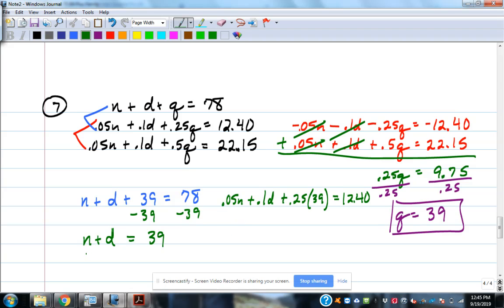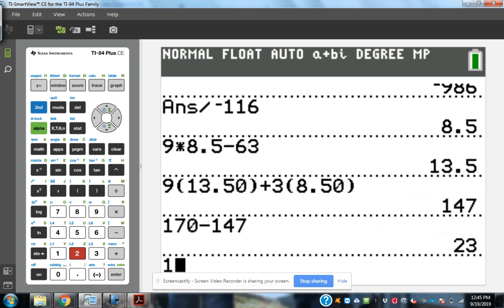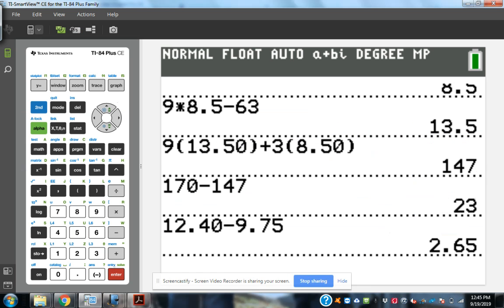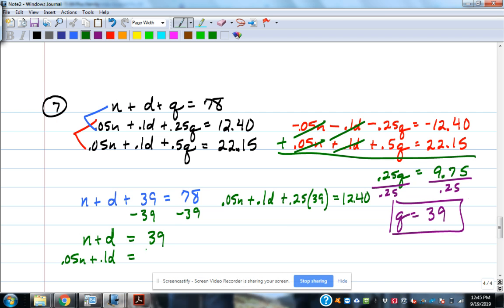And I work that out, I get 0.05 n plus 0.1 dimes. And then I know 25 times 39 is 975, and I subtract that from 1240. So 1240 minus 975, 265 is what that's equal to.